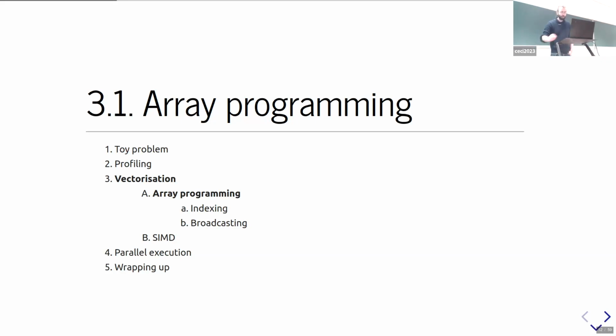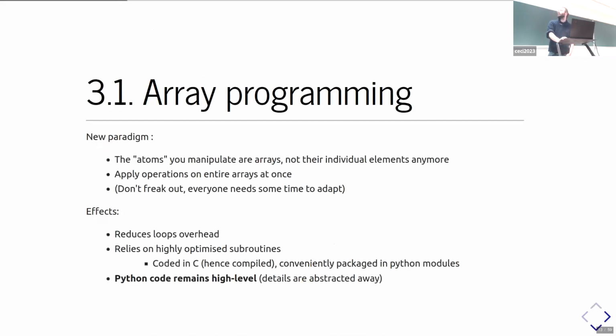So I start with a technique that is going to serve you pretty well if you know how to use it. It is array programming. Array programming is a new paradigm that you need to get accustomed to. Here the atoms of what I manipulate, the atoms of my program, are no longer variables or single integers.